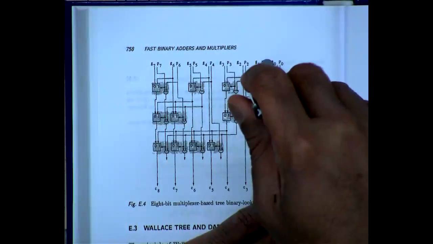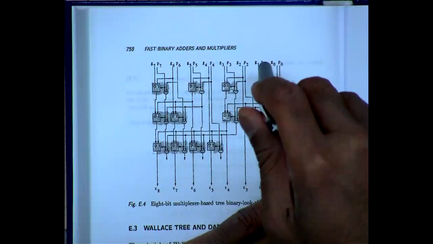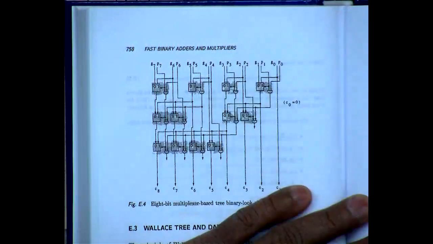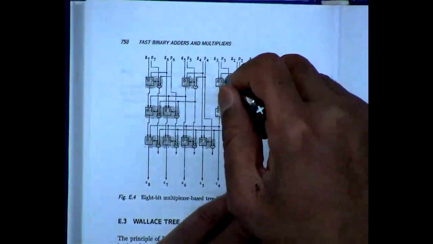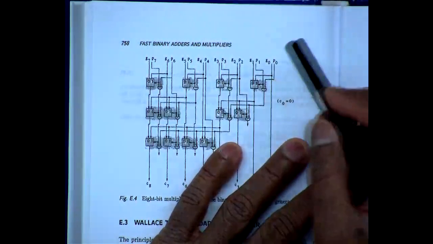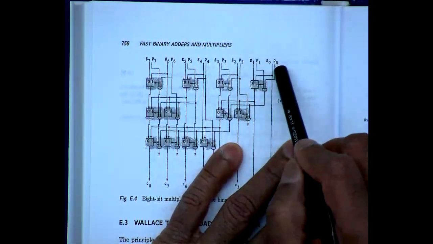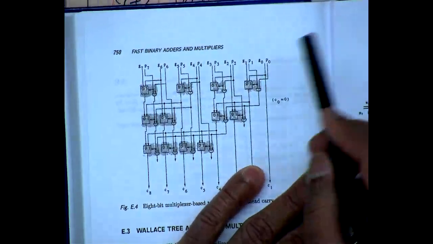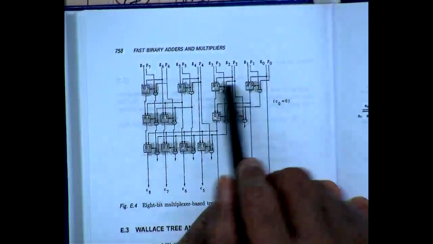P0 times P1, and then G plus P times another G. So that became a multiplexer with control signal P. So P1 is a control signal here with inputs G1 and G0. Okay. We do the same thing for every 2 bits at a time.